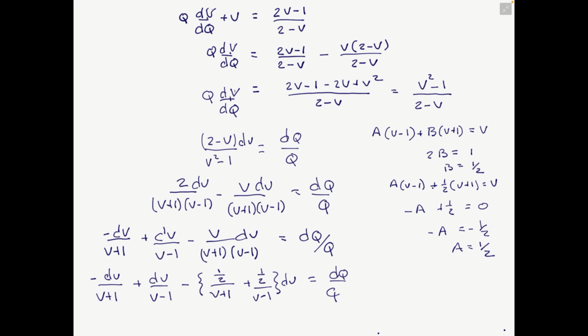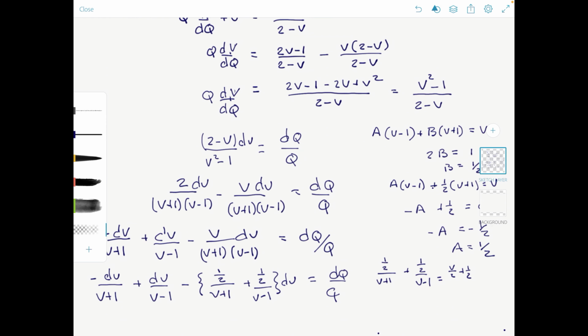So we got B is 1/2 and A is 1/2, so we got 1/2 over (v plus 1) and 1/2 over (v minus 1) is equal to minus 1/2 plus v on 2 plus 1/2 on (v plus 1)(v minus 1), and that is v on (v plus 1) times (v minus 1), and we did it.